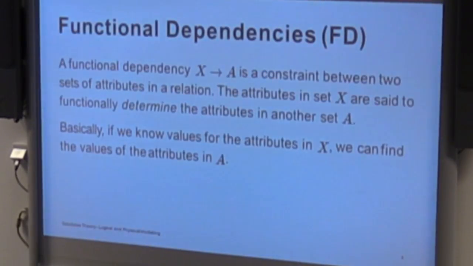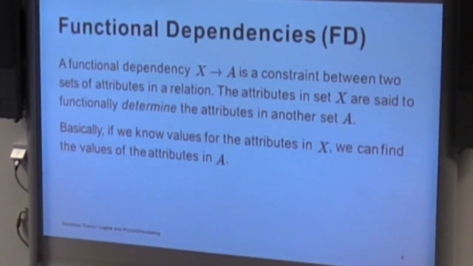So we have that dependency X pointing at A, so that is the constraint between those two sets. So the attributes in the set X are said to functionally determine the attributes in another set A. The key is usually, and should, determine the rest of the non-key attributes. That's what they're saying here.